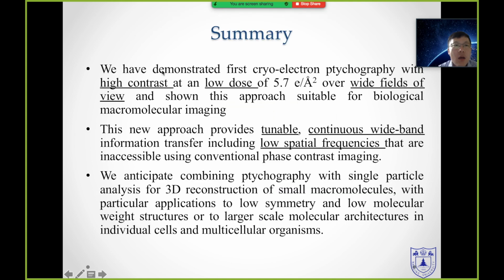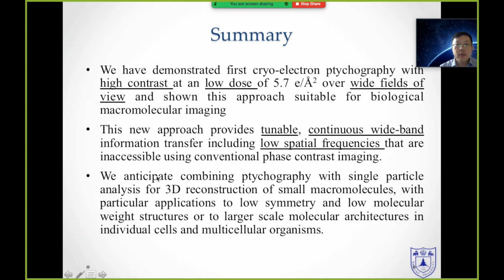In summary, we have demonstrated the first cryo-electron ptychography with high contrast and at low dose with a very large field of view. And this approach is suitable for biological molecular imaging. We also showed this approach has tunable continuous wideband information transfer, especially including low spatial frequency, which is inaccessible to conventional phase contrast imaging.